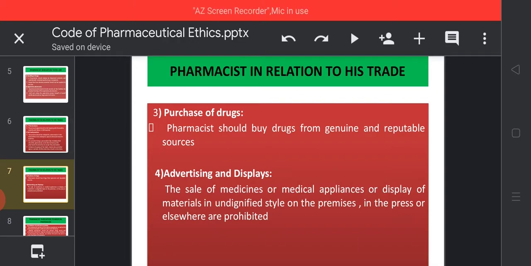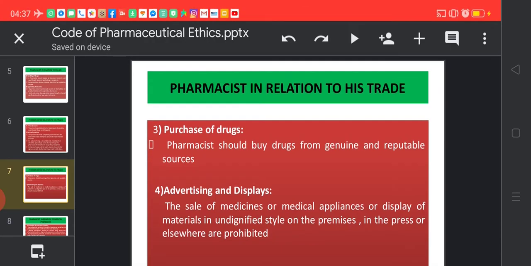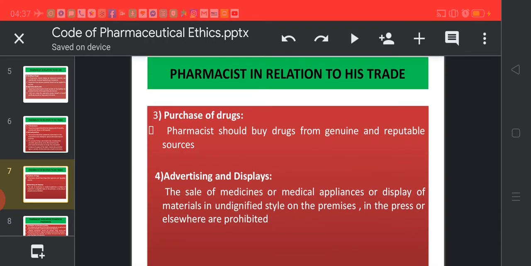When we talk about a purchase of a drug, definitely pharmacists should buy drugs from genuine and reputable sources. When we talk about advertising and display, so advertising and display should be monitored.